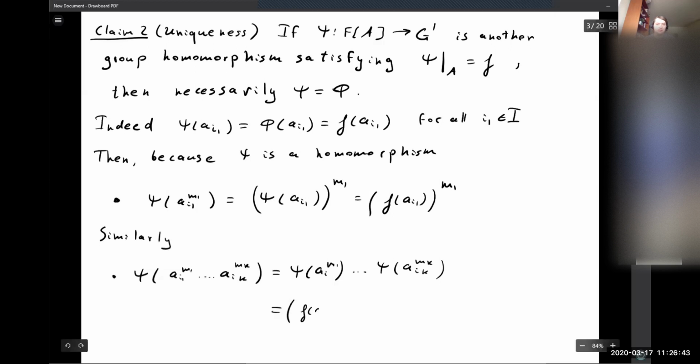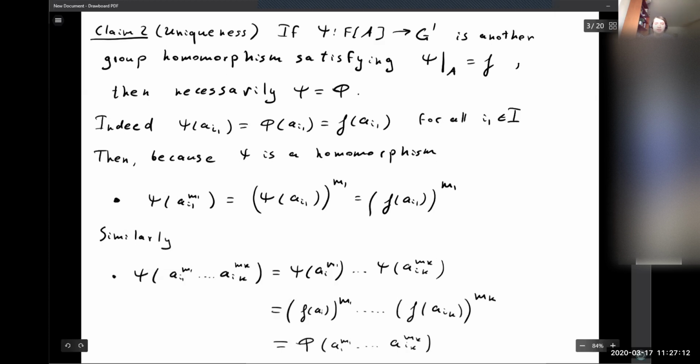So this is f of A_{i1} raised to the power m1 all the way to f of A_{iK} raised to the power mK. And that's exactly what was phi of this word.